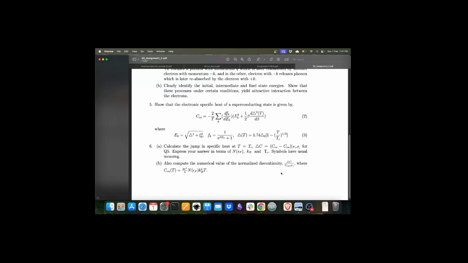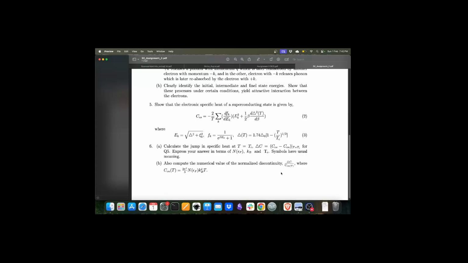So del of delta squared, del of T, is 1.74 squared delta_0 squared, times 2 (1 minus T by T_c), then times minus 1 by 2 root T. If you plug all of these in, the root T cancels out and this will simply be T_c.